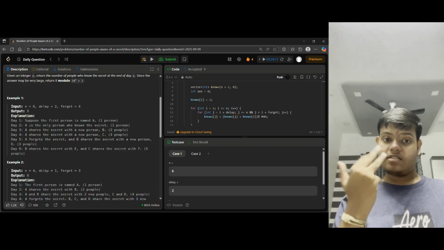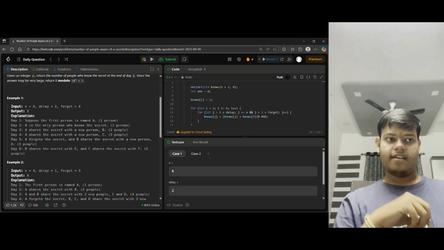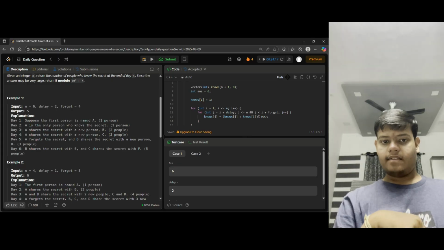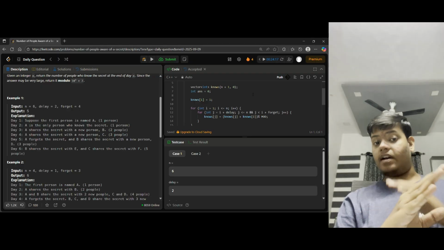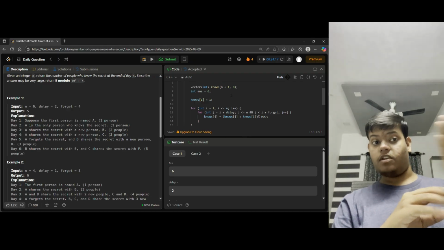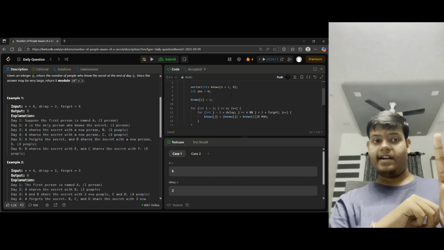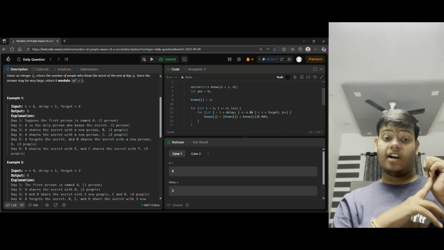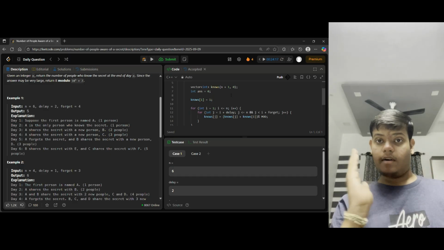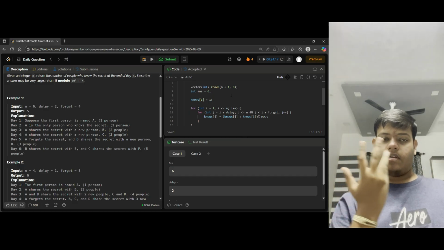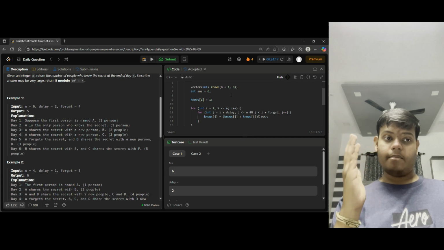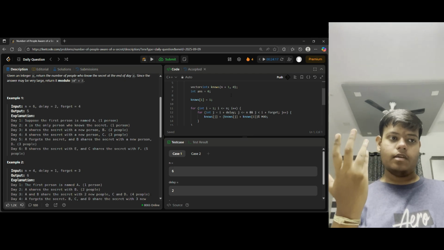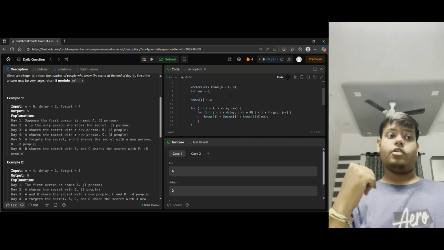From the third day he can start to spread the secret. So at day 3, initially 0 people know, plus the first person, we are going to add it up. So the index of 3 will become 1.